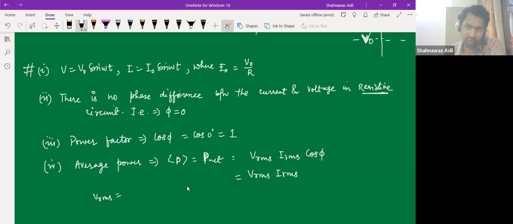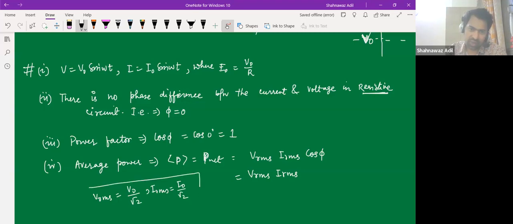Can you repeat, sir? Yeah, so what is the RMS value when you have this peak value, V naught, then what would be the RMS value? That would be V naught by root 2, right? So okay. Similarly, IRMS, that would be I naught by root 2.